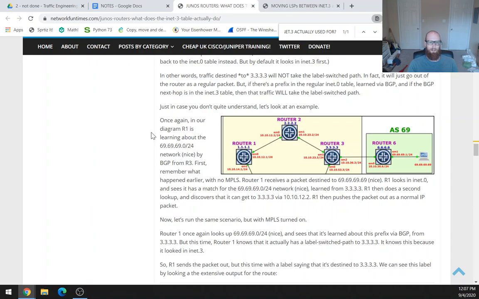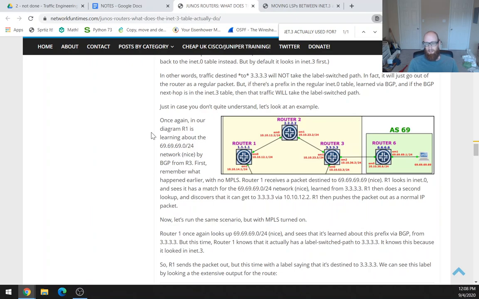Once again, in our diagram, R1 is learning about the 69.69.69.0/24 network. Nice, I thought he would leave that out this time. By BGP from R3 first. Remember what happened earlier with no MPLS? Router 1 receives a network destined to 69.69.69.69, nice.